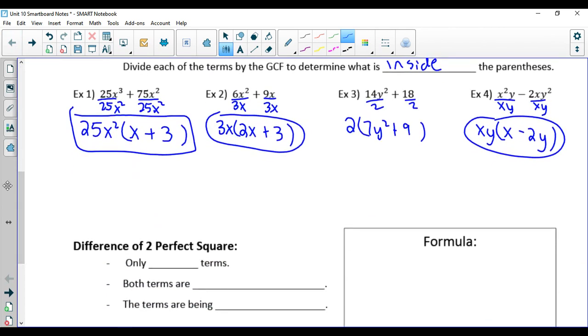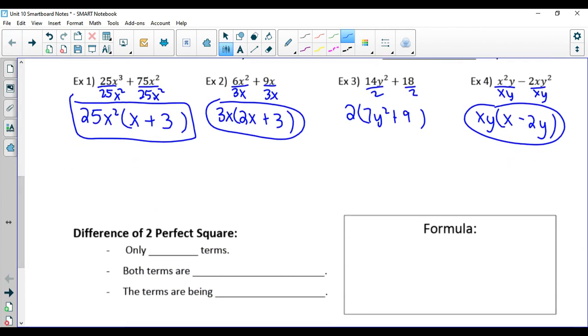So with difference of squares, first thing is only 2 terms. Both of those terms have to be perfect squares.